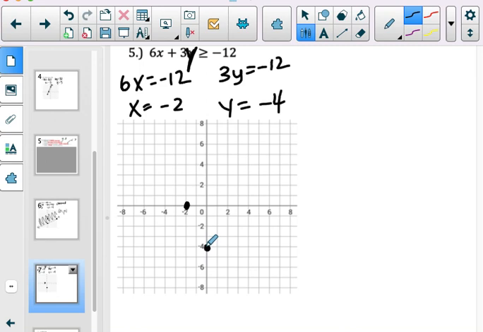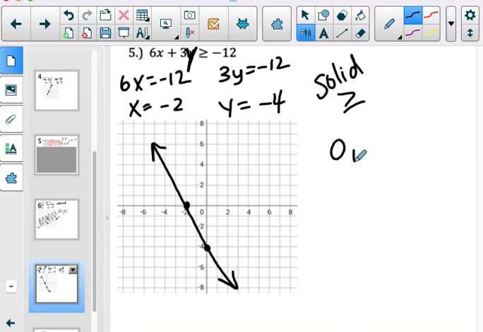Solid or a dashed line? Solid. Okay, because it has the opportunity to be equal to, we are doing a solid line. Now, we need to test 0, 0 to see if it's true or false. So I'm going to plug it in.